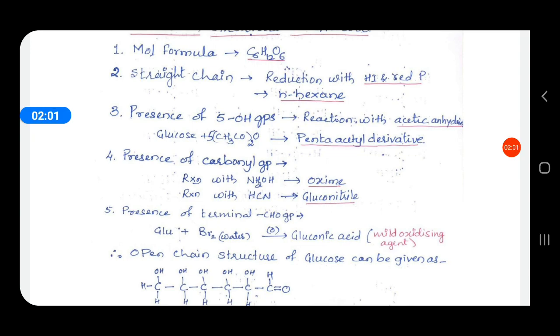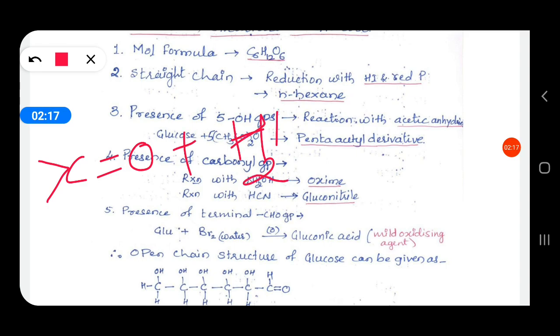Then the presence of a carbonyl group is tested with hydroxylamine and hydrogen cyanide. When a carbonyl group, C double bond O, is treated with hydroxylamine, one water molecule is removed between these two.